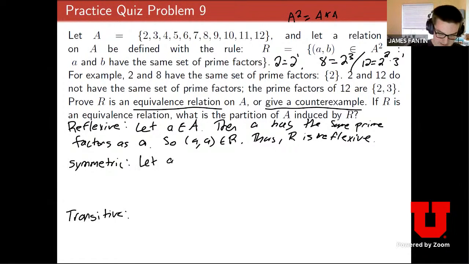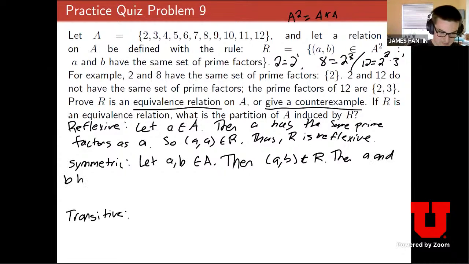So let's let A, B be in the set big A. For symmetry, we let AB be in the relation. To prove it's symmetric, we have to prove that BA is in the relation. So if AB is in the relation, then A and B have the same set of prime factors.